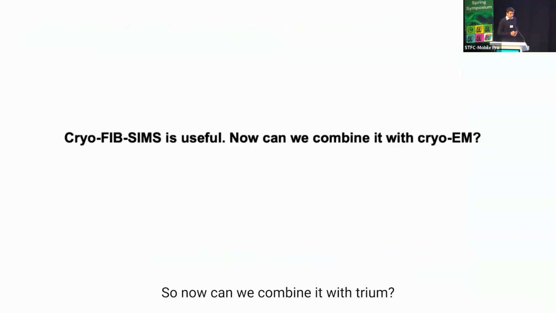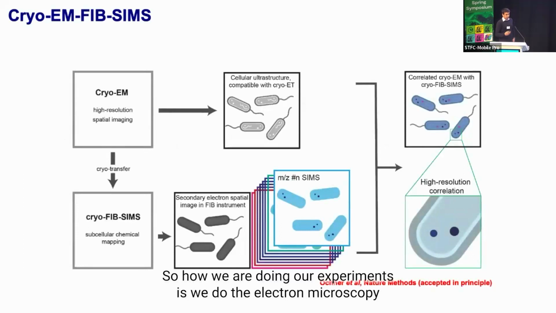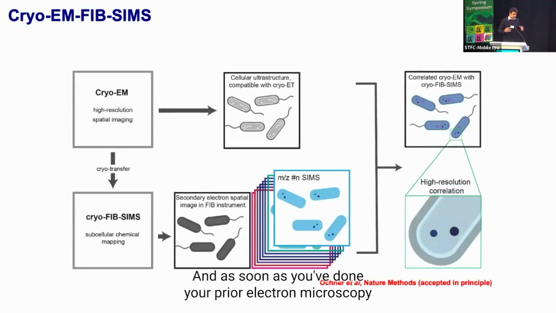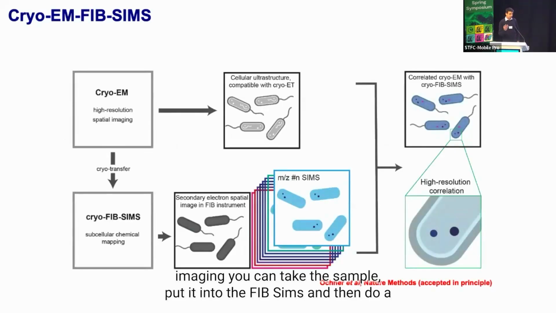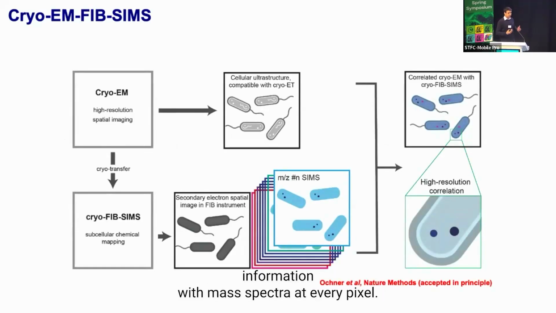So now, can we combine it with cryo-EM? The answer is yes. This is how we've done it. We do the cryo-electron microscopy once, or tomography, whatever you want. And as soon as you've done your cryo-electron microscopy imaging, you can take the sample, put it into the FIB SIMS, and then do secondary ion mass spectrometry, which gives you multidimensional information with mass spectra at every pixel.